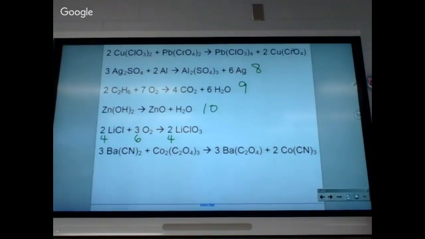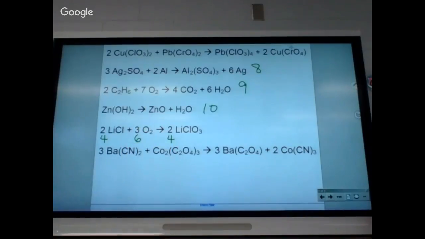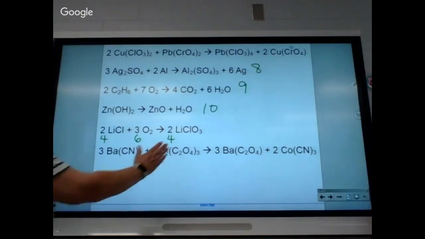Most of you will get lowest coefficients, but every now and then, some people get higher, and you need to recognize that and reduce them. But you can only do that if all the coefficients reduce. If they don't all reduce, can you reduce any of them? No. Which is why I said it's not going to happen very often.